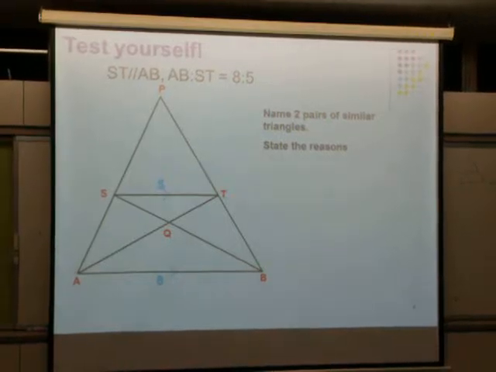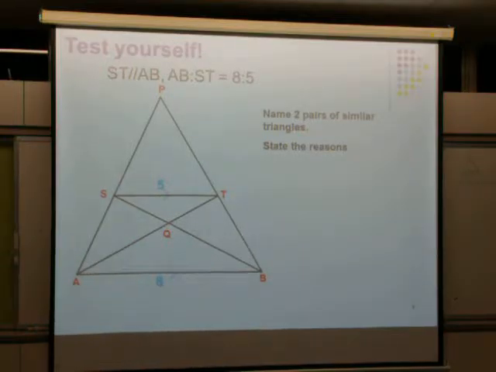This one. Don't really need, but never mind. Okay, Joey, can you name me 2 similar triangles? Just name me the 2 similar triangles. PST and PAB, okay. Is that the only one?